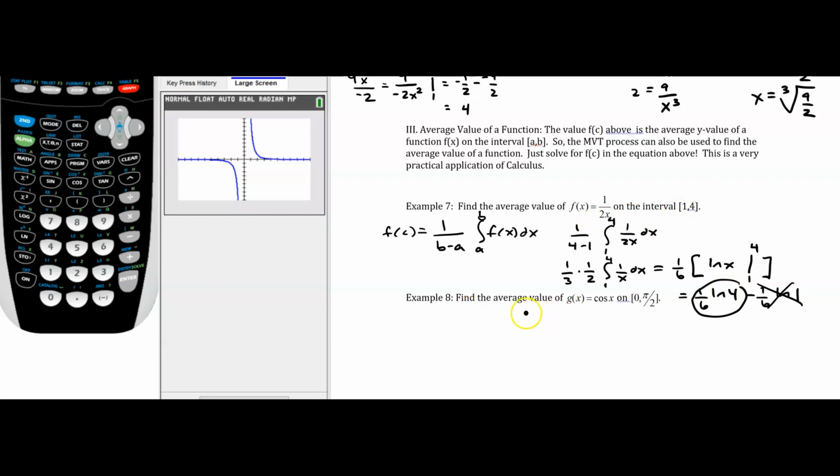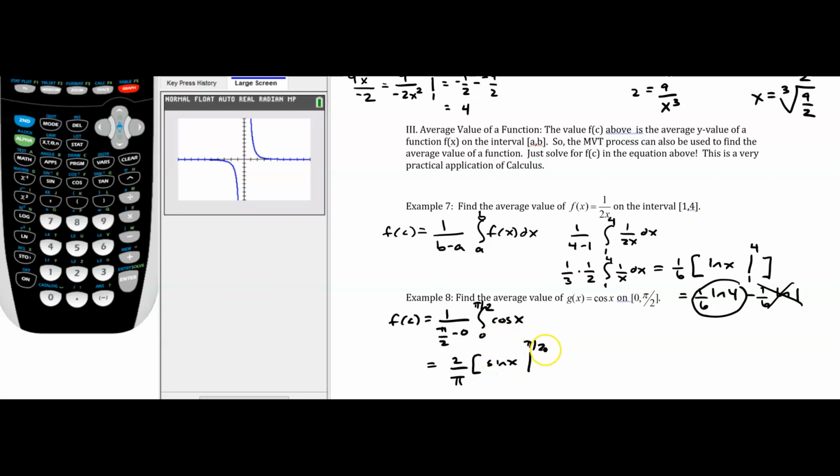Okay, let's do one more. Let's find the average y value of cosine of x on the interval 0 to pi over 2. And so we would say the average y value is equal to 1 over b minus a times the definite integral of our function from 0 to pi over 2. And so 1 over pi over 2 is equal to 2 over pi. And then the antiderivative of cosine is sine.